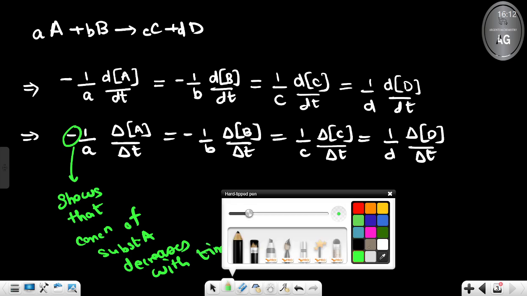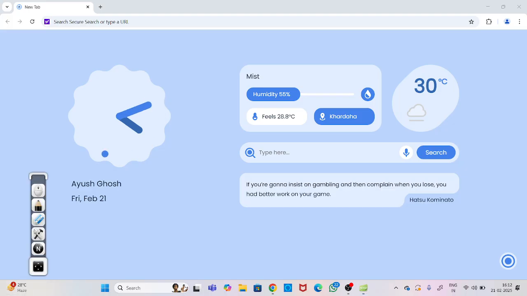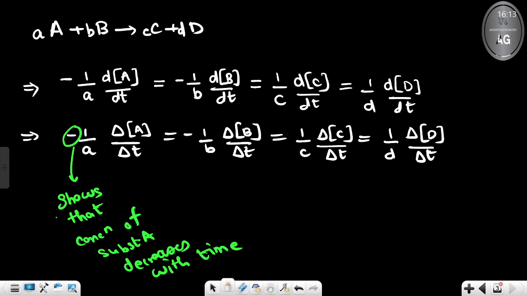Clear? If it decreases with time, it must be a reactant, because a product's concentration cannot decrease with time. Understood? So you just put this minus so that you can understand, but you will not give an answer in terms of minus. That's not correct. You have to use it when you are writing the equation, otherwise you will not get the equation marks.